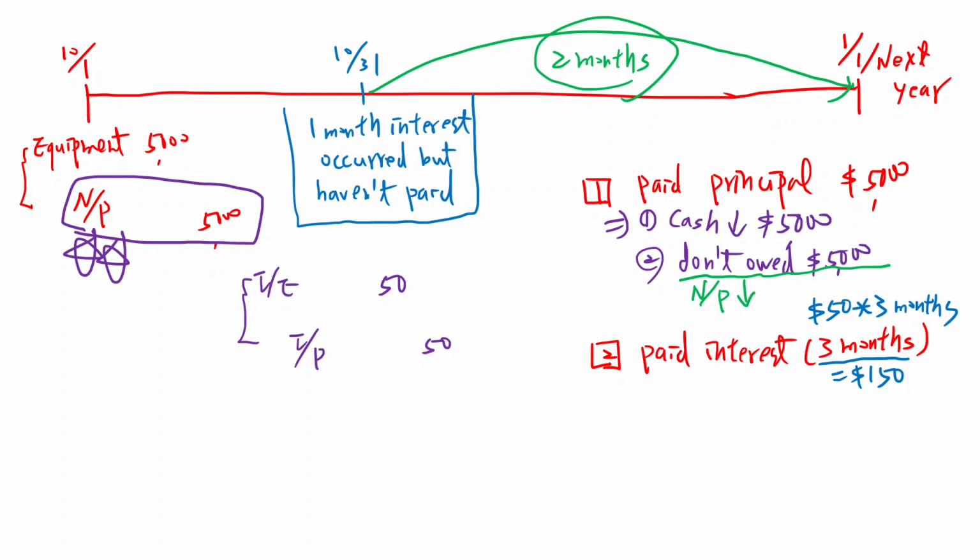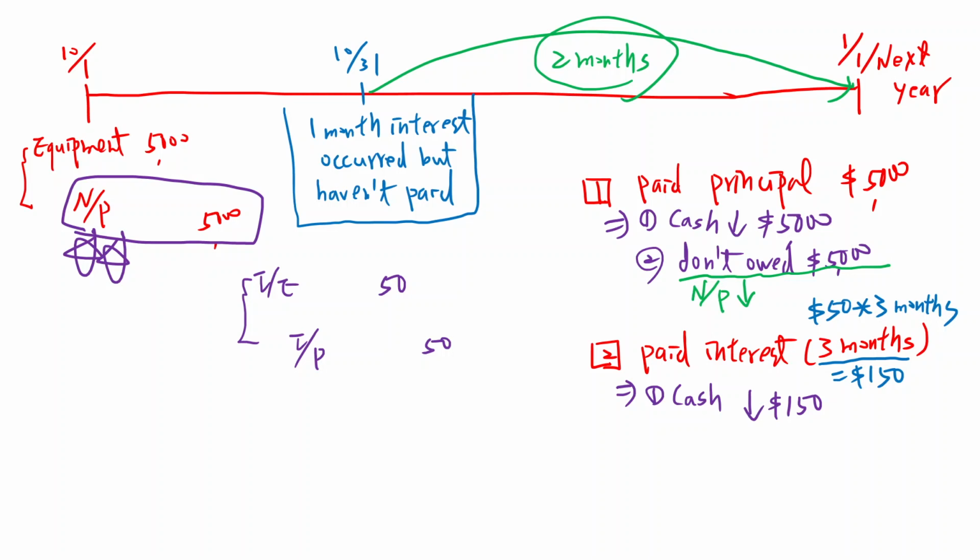No problem? How about interest? You pay 3 months interest, which made your cash decrease how much? $150, right? Okay. So for that interest, you pay 3 months. So of course, my cash decreased $150. So far, any questions?